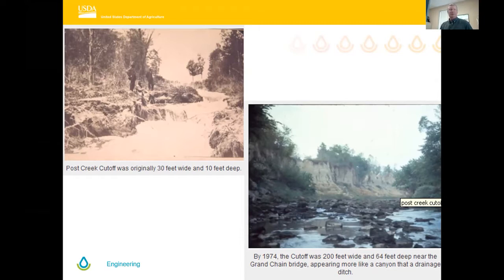If you go down to the town of Grand Chain, you can take Tick Ridge Road, and there's a bridge that crosses the Post Creek cutoff, and you'll know when you cross it because it doesn't look like any other stream you'll ever see. The bridge is not super wide, but when you see how deep it is there, you'll know instantly that you're in the right spot.